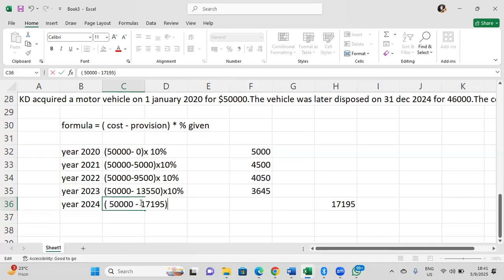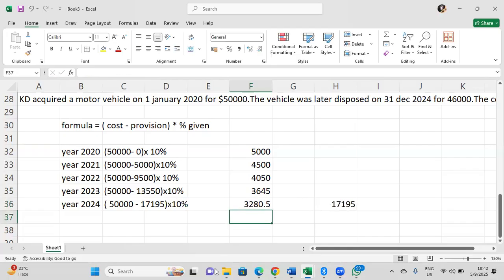Times 10%. So our depreciation is 50,000 minus 17,195 times 10%.